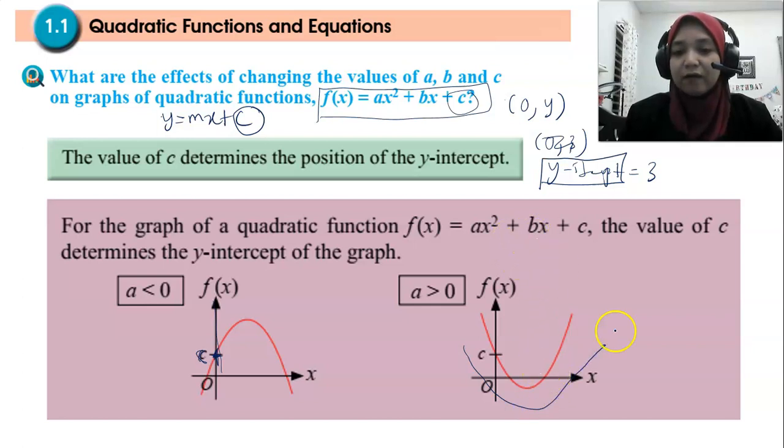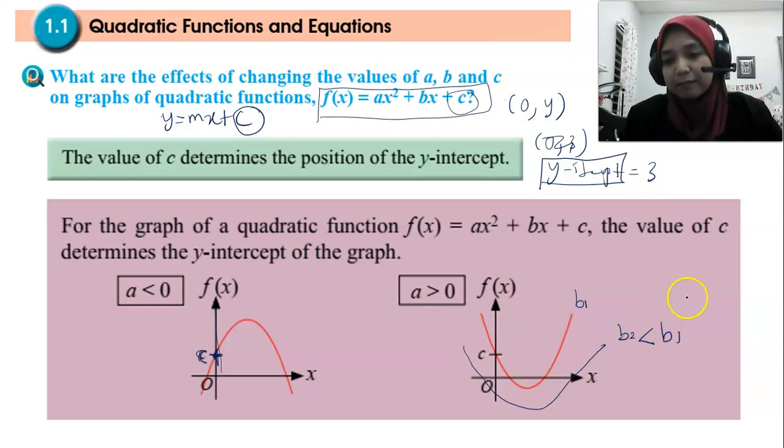If the value of B is less than this B. For example, ni B1, ini B2. If B2 less than B1, so your graph will be wider kan. So maybe, since dia wider, maybe graph dia akan turun sikit. Atau mungkin ada di sebelah tapi dia lebih besar.